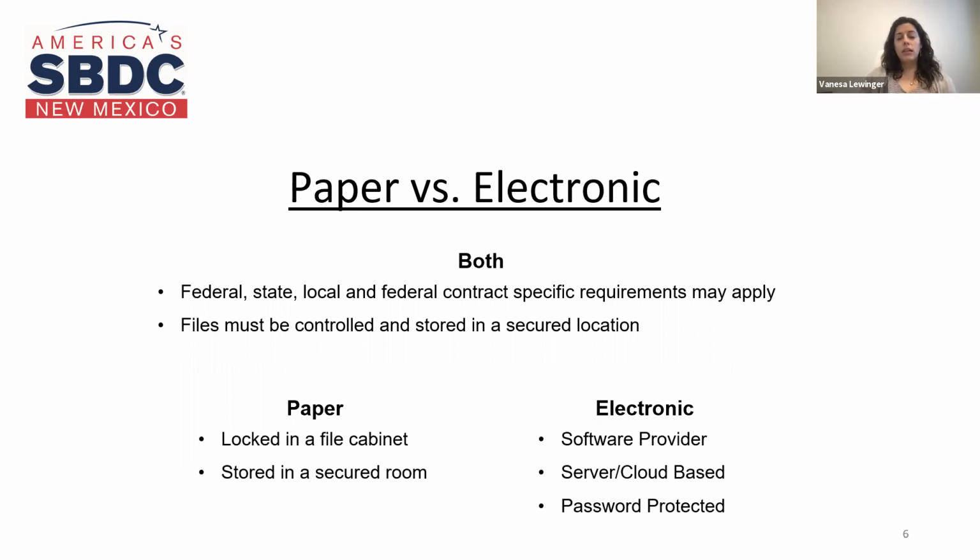If you're working with electronic files, there are a few different options. You may have a software provider that you use for things like your payroll that also has a human resources information system built into it. So in those cases, of course, those individuals who need access to it will have their own unique username and password. Always want to password protect things, which will already be built into that software system.